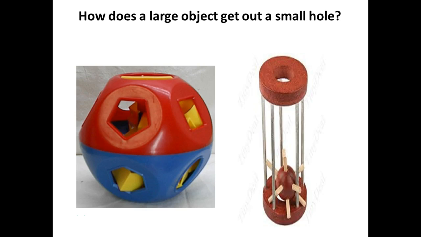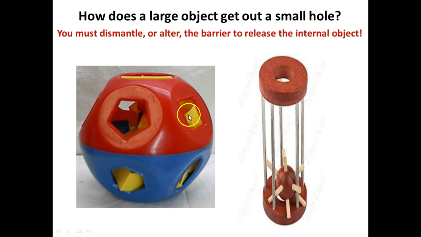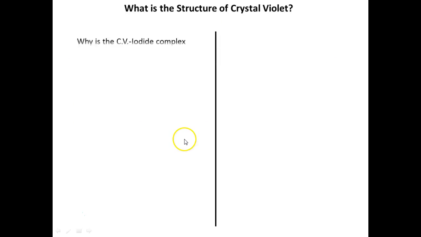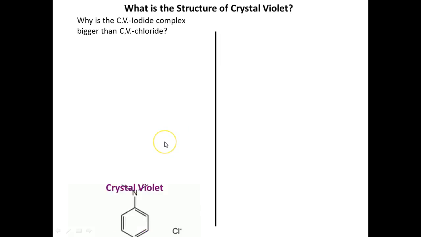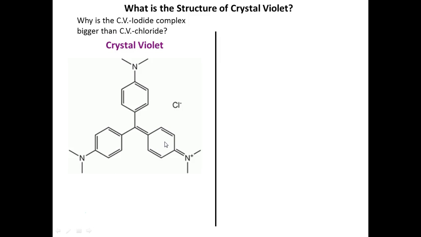Could you maybe take them out? That's probably how they got it in, right? You take the pegs out, you take the ball out. You can put the ball back in without the pegs in it and then add the pegs, and you're definitely not going to get it out. I like Peter's example better. We'll get to it in a minute.